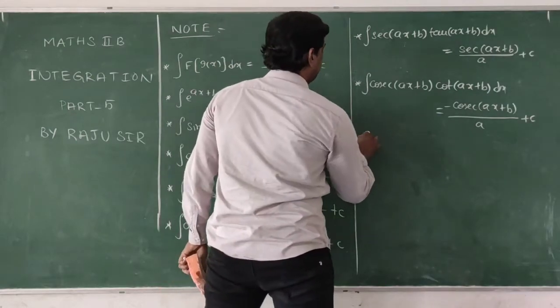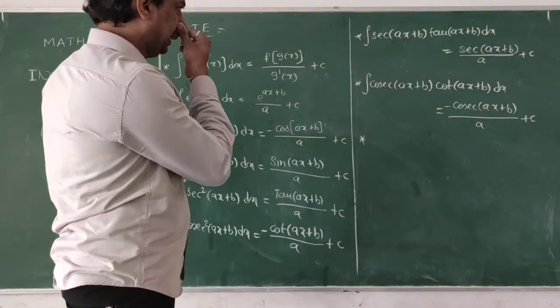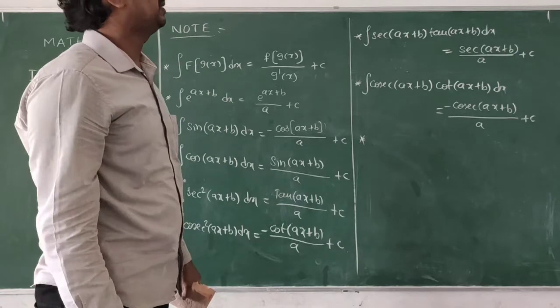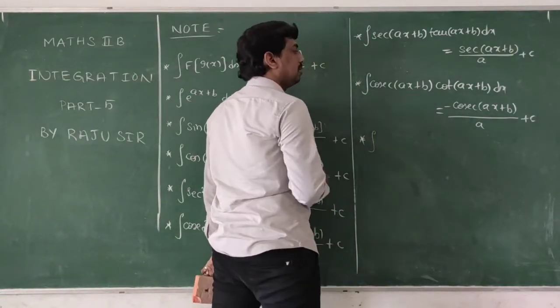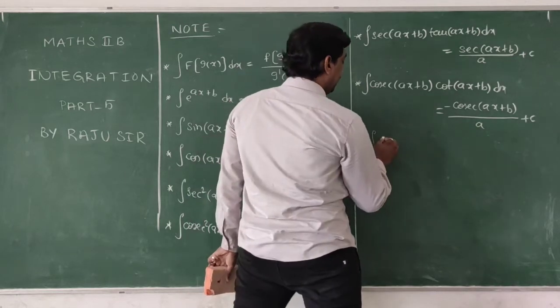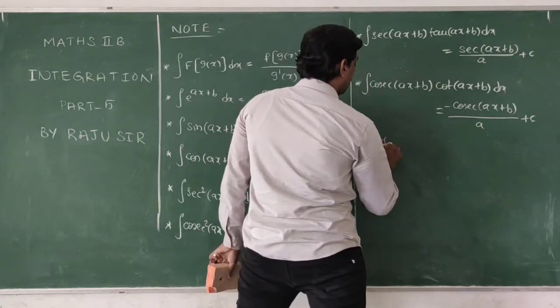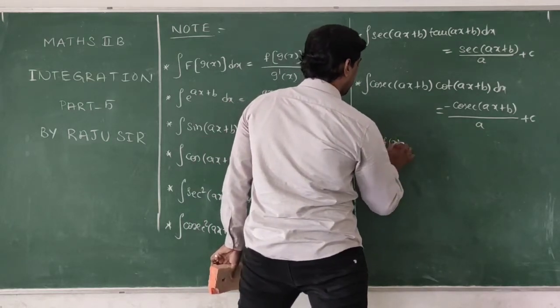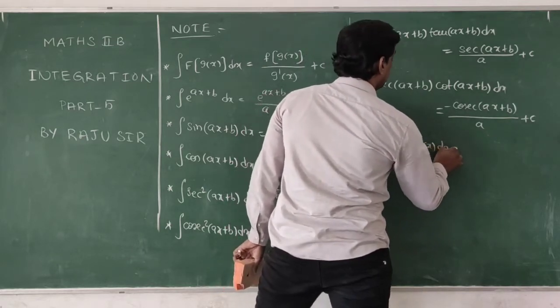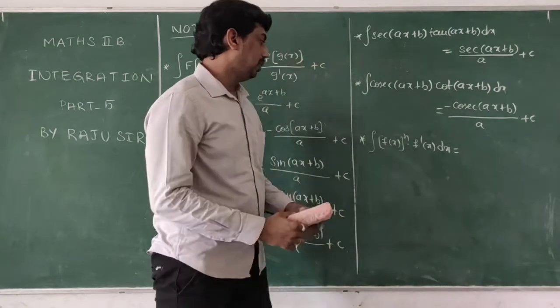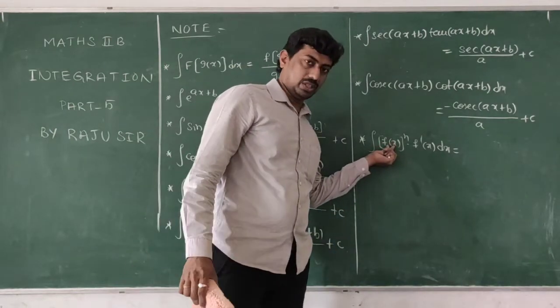Next, integration of cosecant of ax plus b. Right. Next, continuation. Other formulas are also there like this. Integration of f of x whole power n into f dash x dx equal to, here f of x is a function.